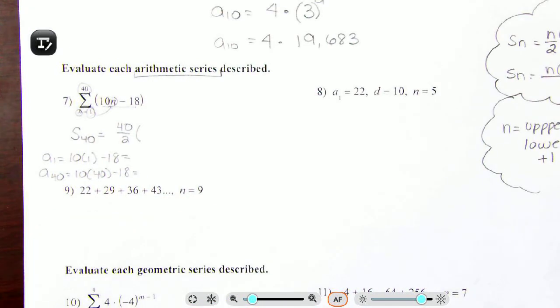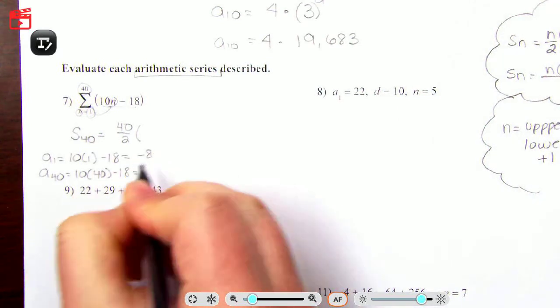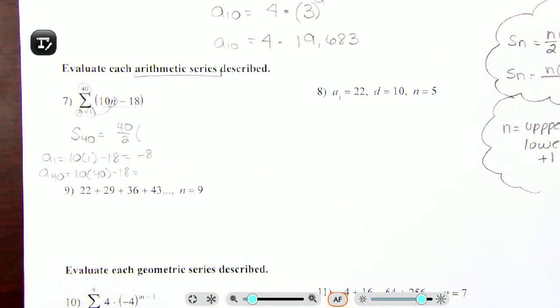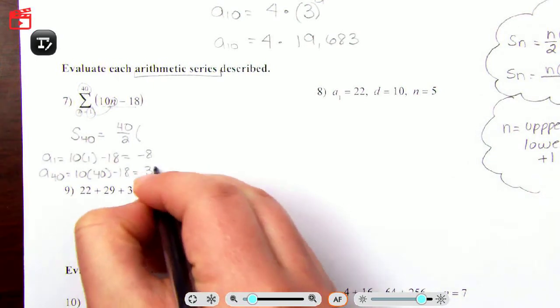So 10 minus 18 is negative 8. And a sub 40, that is 10 times 40 minus 18, is 382.